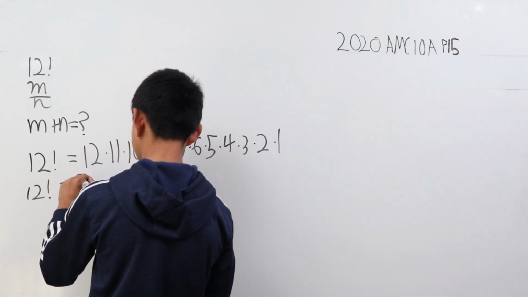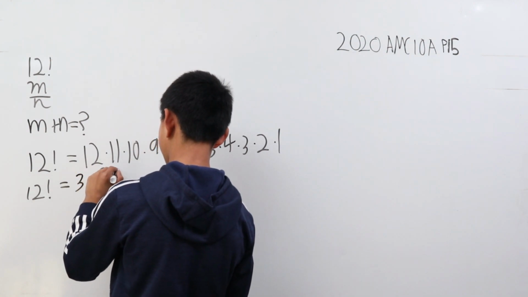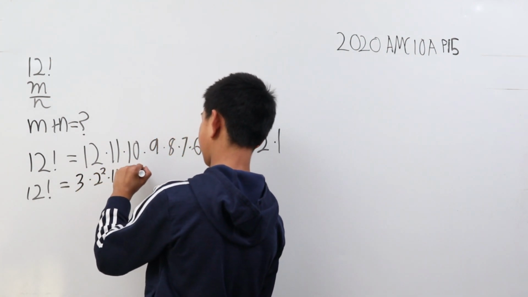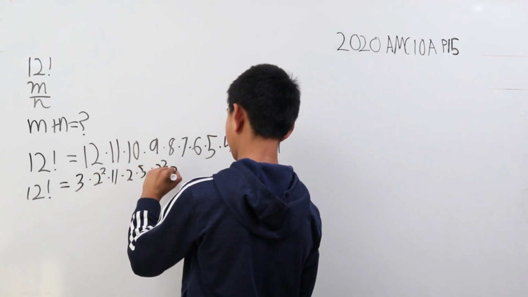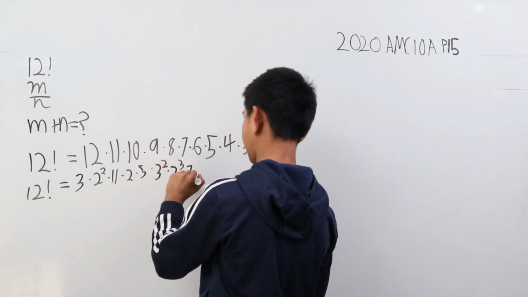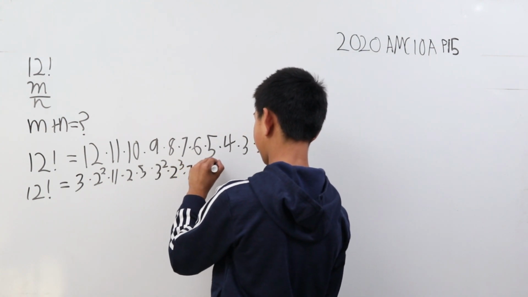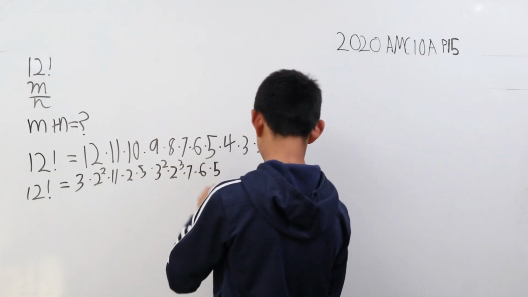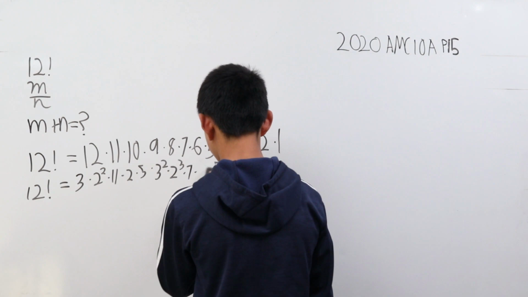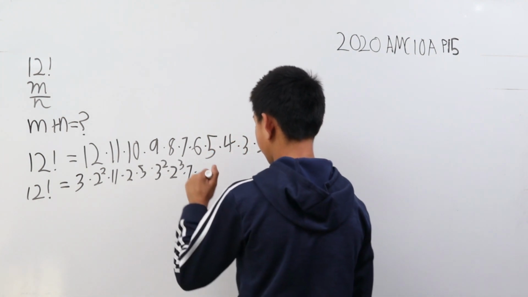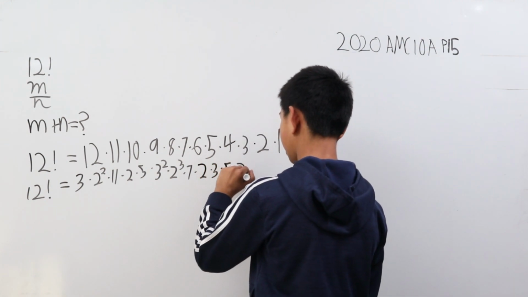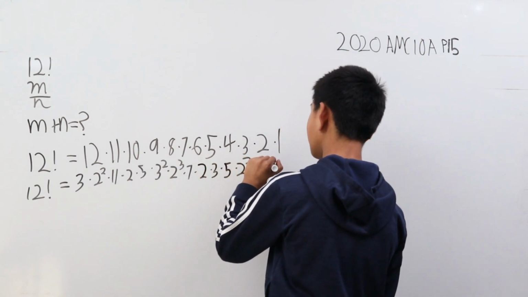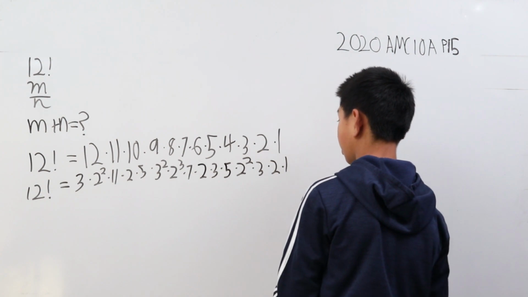This is 3 times 2 squared, times 11, times 2 times 5 for 10, times 3 squared, times 2 cubed, times 7, times 6, times 5. Wait, no, not times 6. Sorry, it's times 2 times 3, times 5, times 2 squared, times 3, times 2, times 1.